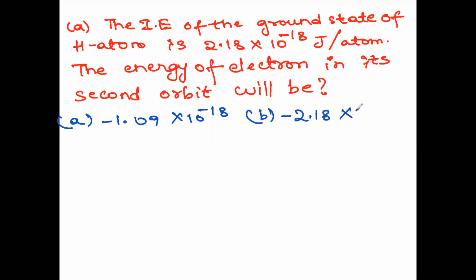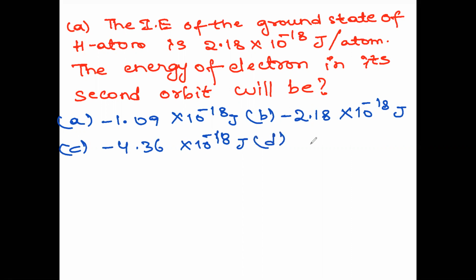Third option, minus 4.36 into 10 to the power of minus 18. Fourth option, minus 5.45 into 10 to the power of minus 19.